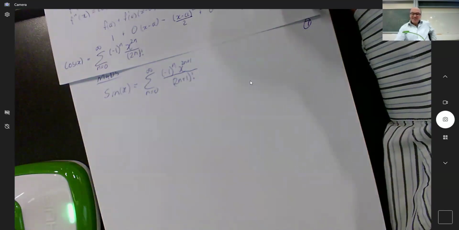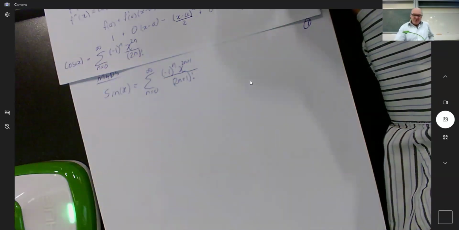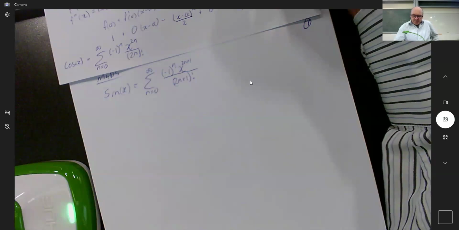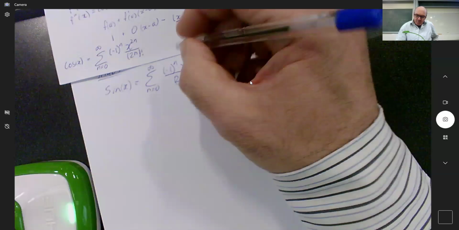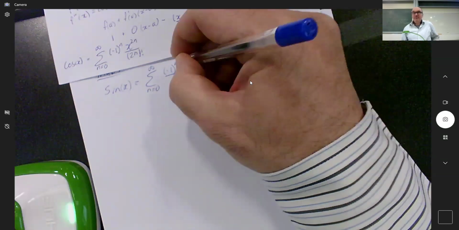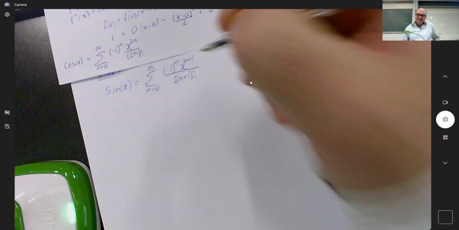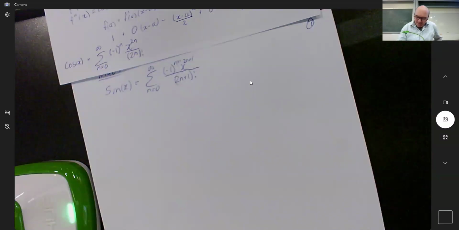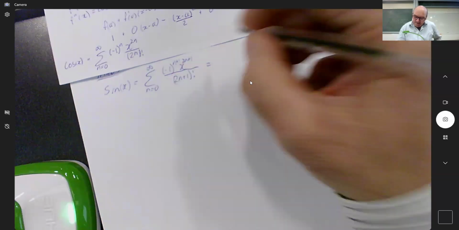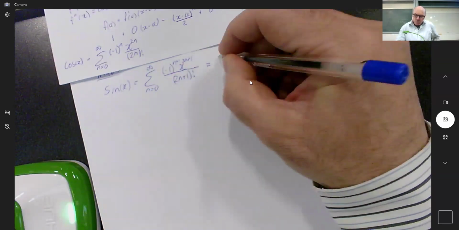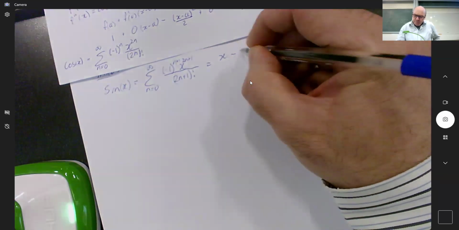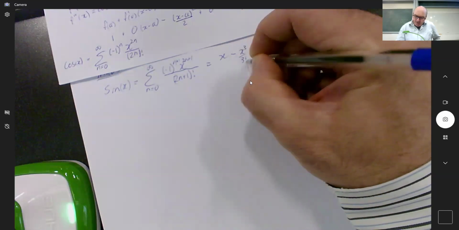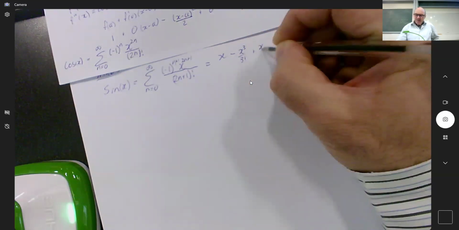That first one should be 1, so I need to go plus 1 to make the sign right. If I write out the first couple of terms, when n is equal to 0, that should get me x. When n is equal to 1, that should get me minus x cubed on 3 factorial, and then x to the 5 on 5 factorial. I reckon that's right.